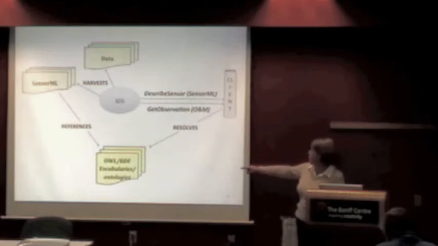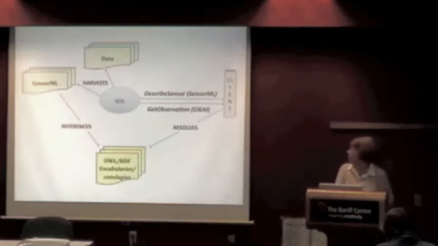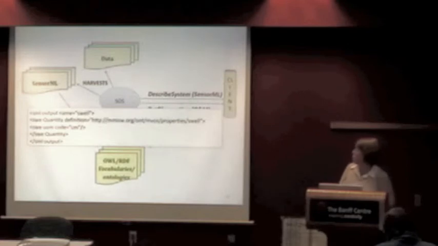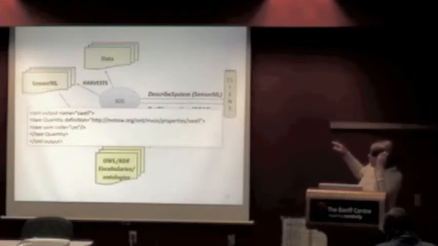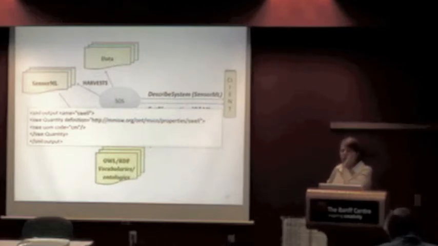So the client can resolve the URLs, and the SensorML references those URLs that are registered on the web. Here's an example where I took one of the properties and have a URL. That's the MMI SWE ontology repository and registry.